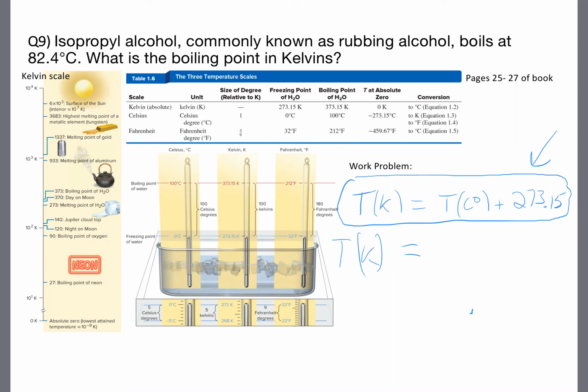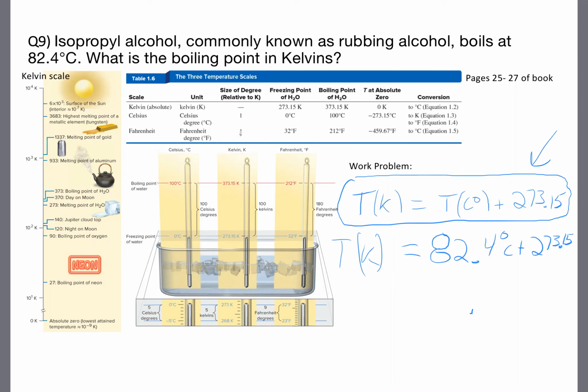So we're told that the boiling temperature is 82.4 degrees Celsius. All we really need to do here is plug and chug. We add that to 273.15. And when we do the math, let's see what we get. So we do 82.4 plus 273.15.